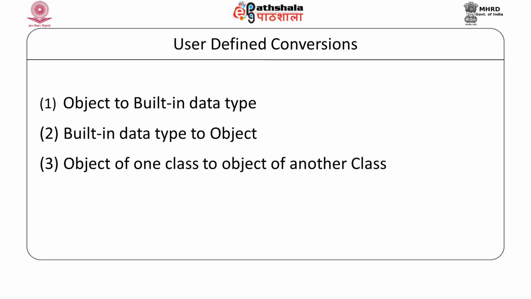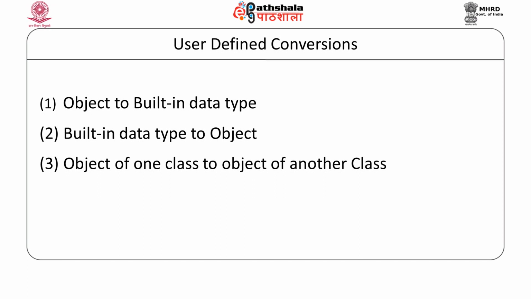So, today we will see three different kinds of user defined conversions: object to built-in data type, built-in data type to object, and object of one class to object of another class. Let us see them one by one with the help of examples.